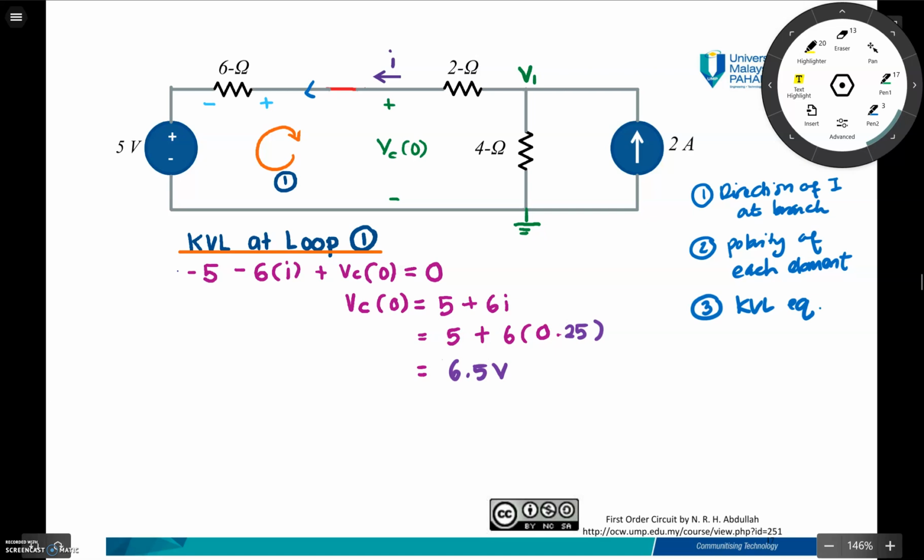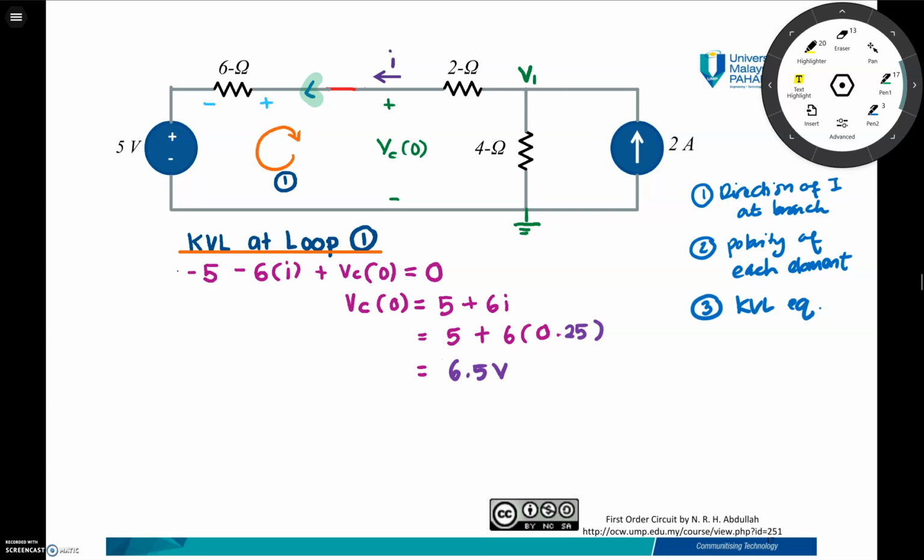Therefore, for the first step, I am considering the directions of currents to exit the node, and then the polarities of the element, which is the resistor. This is the polarity of the voltage. You have to remember that a KVL equation is a summation of voltages.